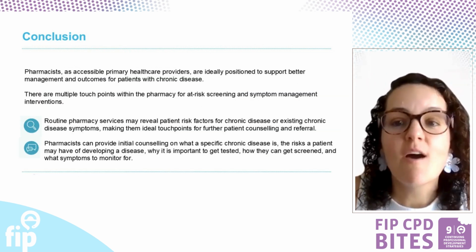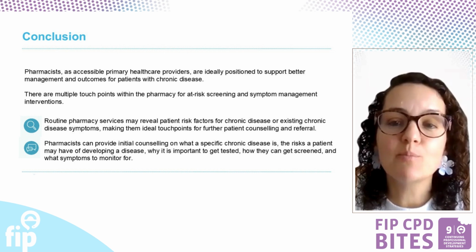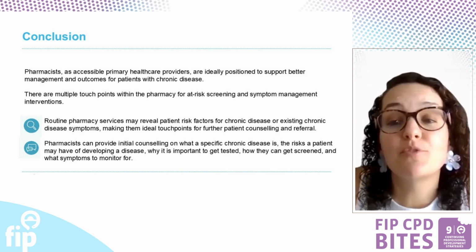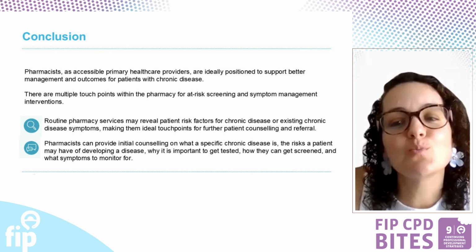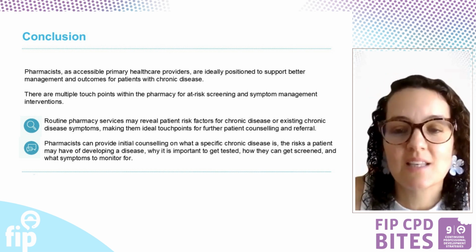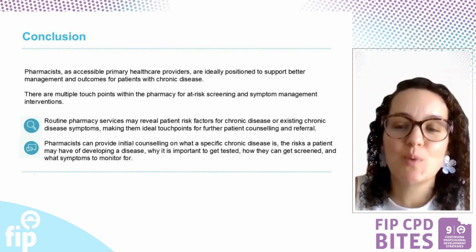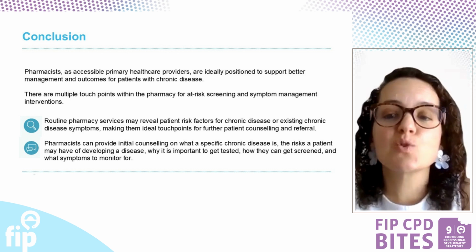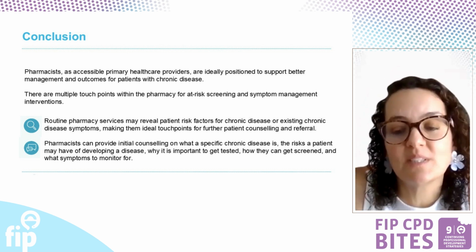In conclusion, pharmacists, as accessible primary healthcare providers, are ideally positioned to support better management and outcomes for patients with chronic diseases. There are multiple touchpoints within the pharmacy for at-risk screening and symptom management interventions.